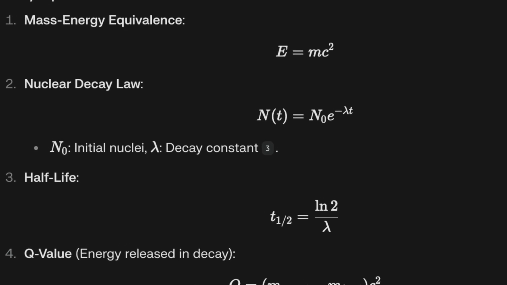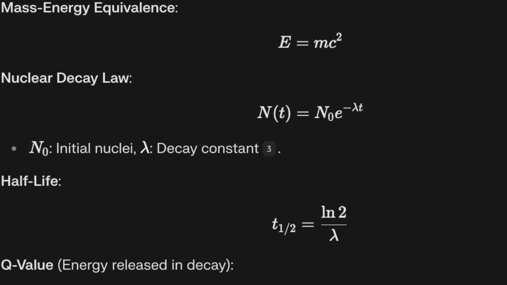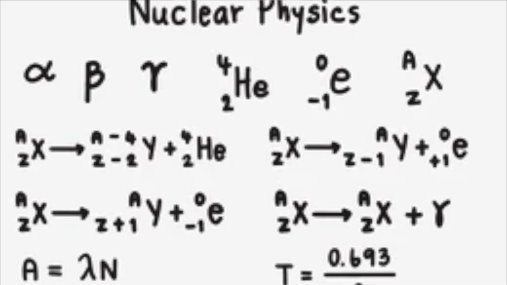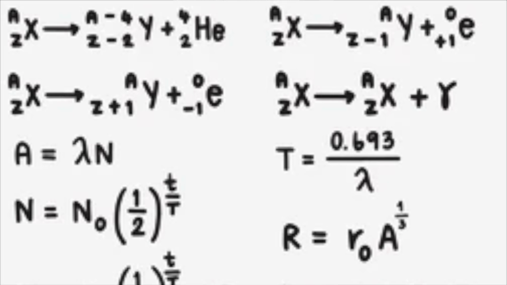And the equations: the mass number over the atomic number, the nuclide symbol, equals A over Z X. The mass-energy equivalence is E equals mc squared. The nuclear decay law: N(t) equals N0 e to the power of negative decay constant times time.